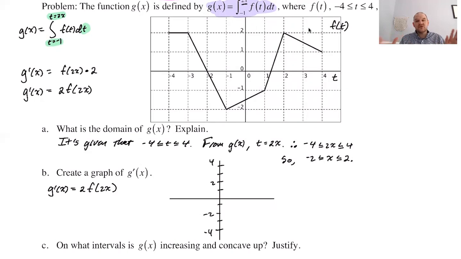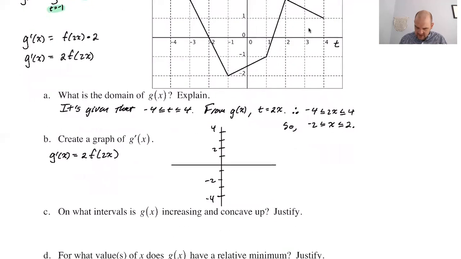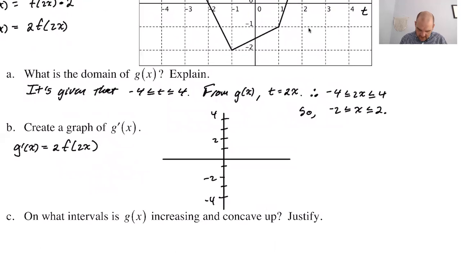So the biggest domain that g prime could have would be -2 to 2, because the domain cannot get bigger when you take a derivative. So I'm going to say this is -2, -1, 1, 2. And we could put in the little extra half tick marks just in case.